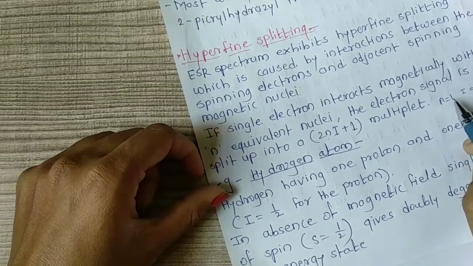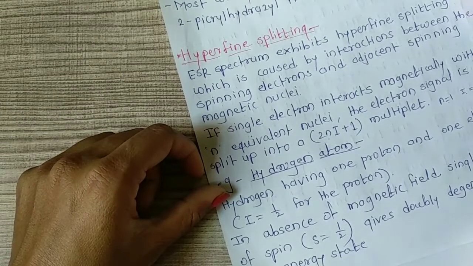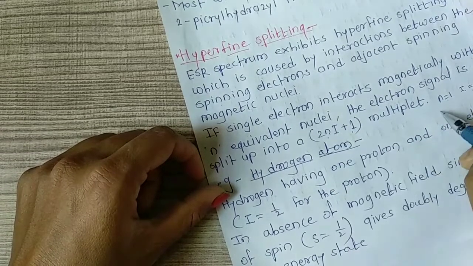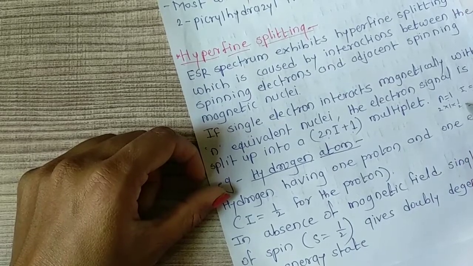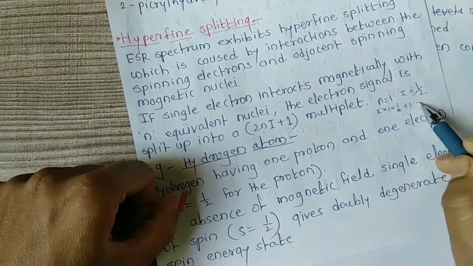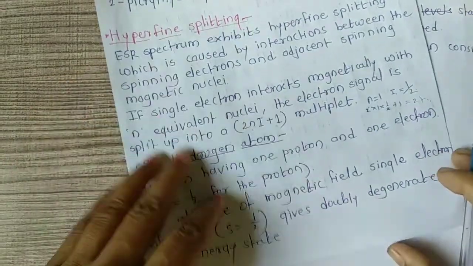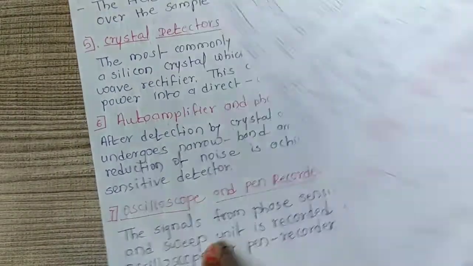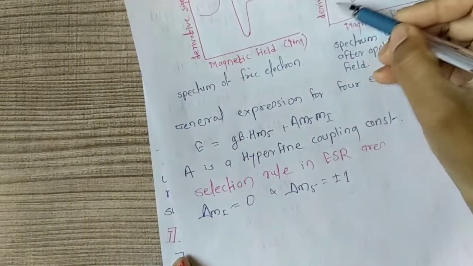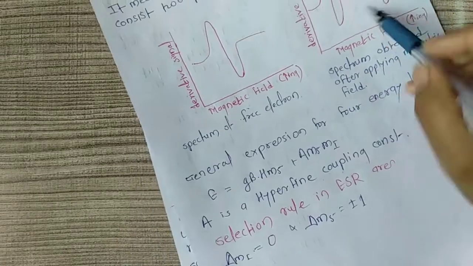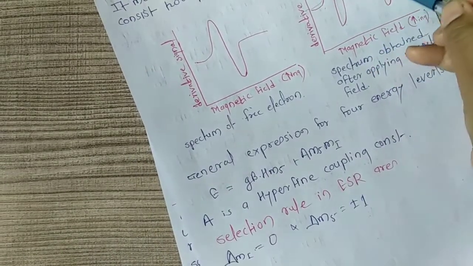When we put N equal to 1 and I equal to half in that formula 2NI plus 1, we get 2 into 1 into half plus 1. These 2 cancel and we get 2 lines. See here, in that spectra, we get the 2 lines, and the spectrum is like that, the derivative signal against the magnetic field, and we get these 2 lines.